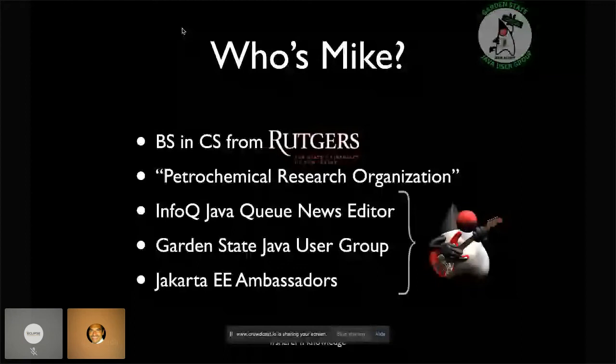I've been running the Garden State Java user group for the past 20 and a half years, although for almost the last year it's been under this name; it was under the ACG&J Java group before that, and we went nonprofit about a year ago. I'm also on the leadership council of the Jakarta EE ambassadors, so I spend a lot of my free time in the Java space.